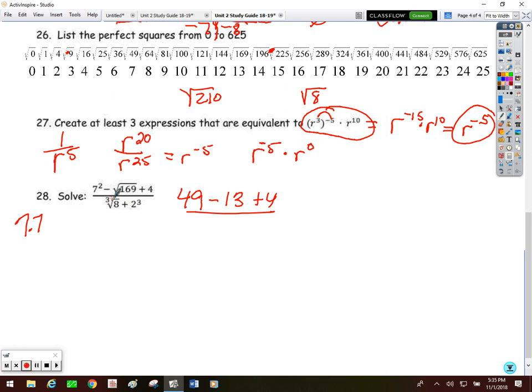Well, this was saying, what number can I multiply times itself 3 times to get 8? Well, the cube root of 8 is 2. And then 2 to the 3rd power, so this is just really the reverse of that, is 8. So the bottom down here, I know 2 plus 8 is 10. 49 minus 13 is 36, plus 4 is 40. 40 divided by 10 is 4.